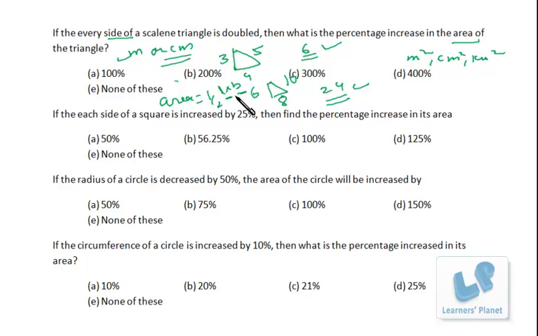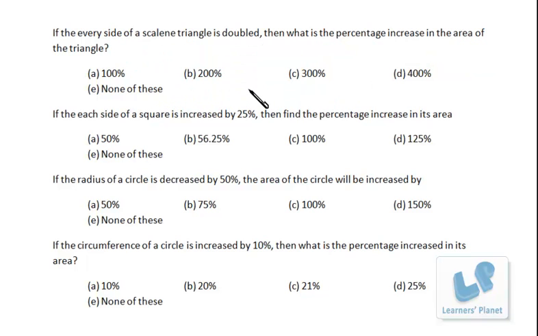Okay, so while we do percentage-based mensuration problems, we don't have to take the basic data as 3, 4, 5 or any other number. For simplicity, we can take the data as 10 or maybe 100. So area is equal to half length into breadth.